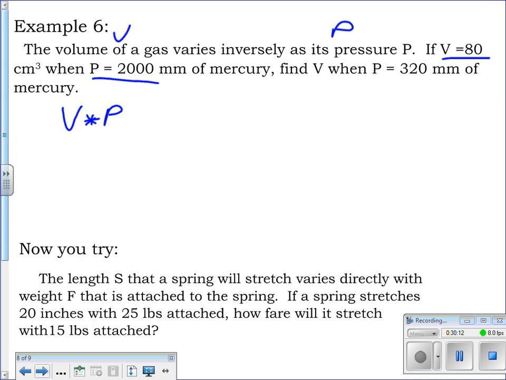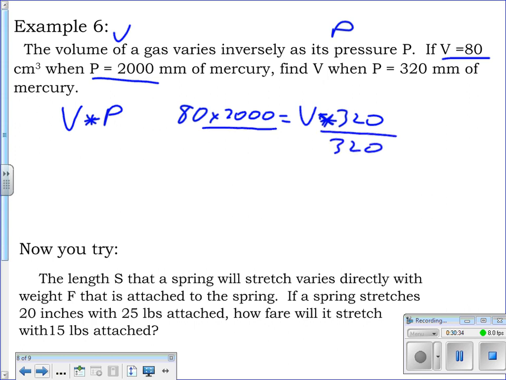So that means if V equals 80 when P equals 2,000, that means 80 times 2,000 equals, find V when P equals, V times 320. Divide both sides by 320.